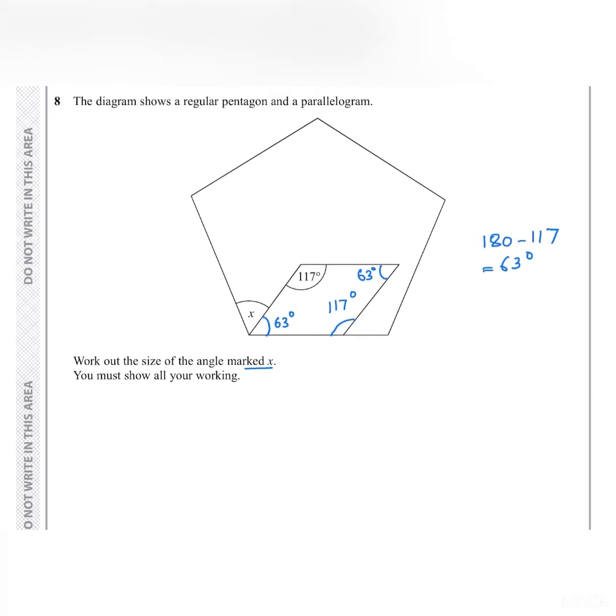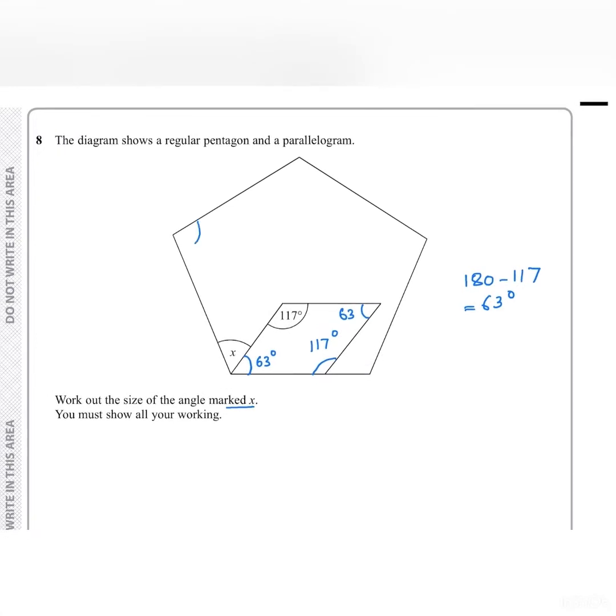Now we can figure out, because it's a regular shape, all these angles have an equal size. So all of this angle here would be of a certain size that we can find out. So we can use this formula, n minus 2 times 180, and this gives us the sum of the interior angles in a polygon.